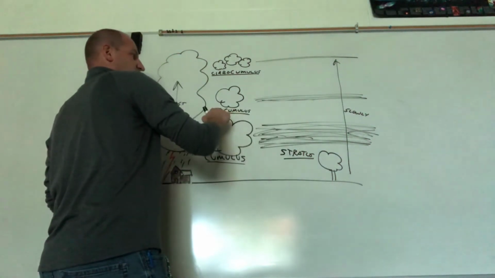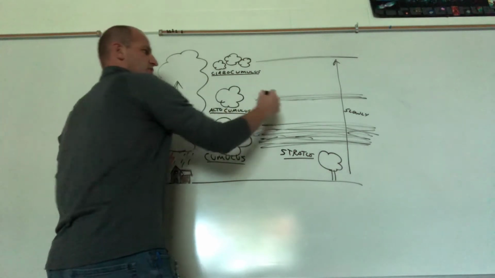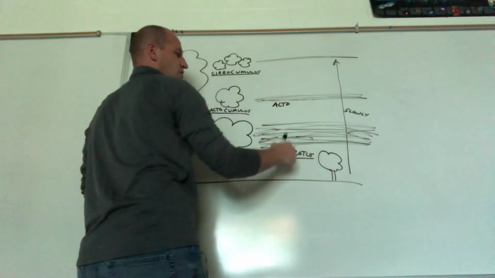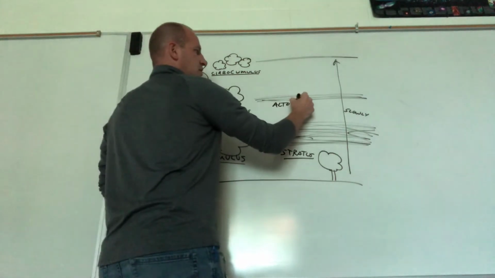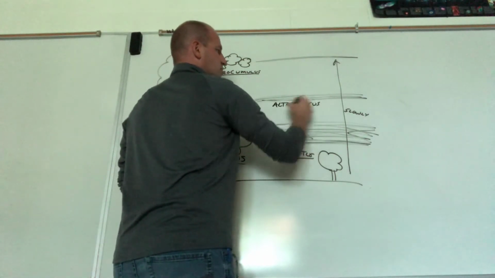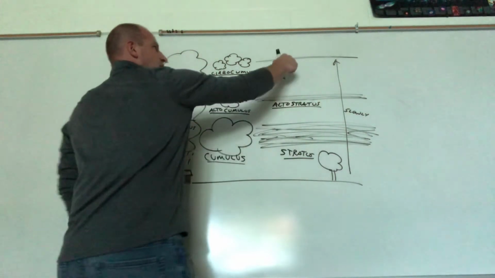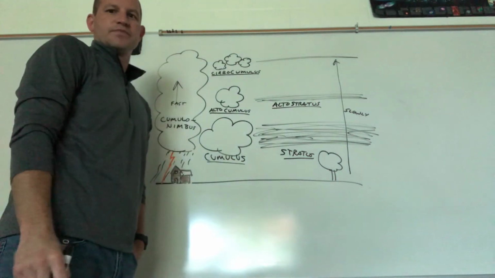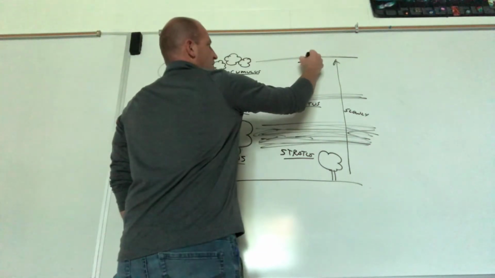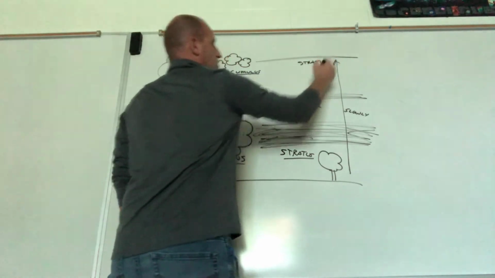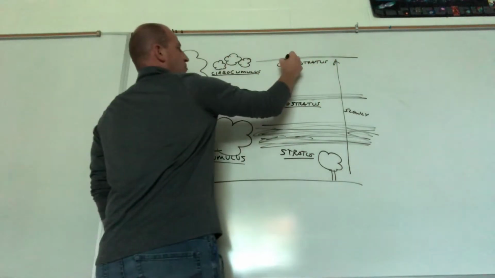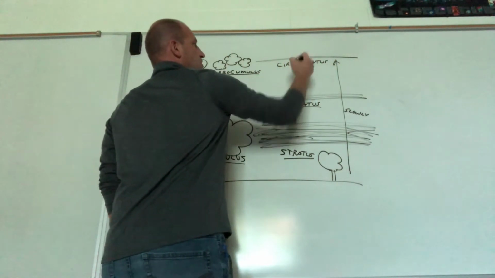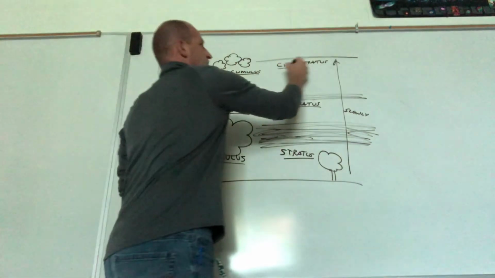So it's going to start with alto, and it's still a layer, so it's going to end in stratus: altostratus. Anybody want to predict what that top one is? It's still a layer, so it's going to have stratus in it, but it's up high, so it's going to start with cirro. So I've got cirrostratus.